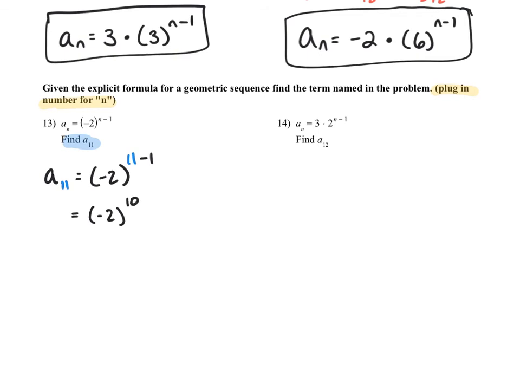Listen to the words that are coming out of my mouth. You have to keep this in parentheses when you use your calculator. I'm going to go on a tangent right here and show you why. In your calculator, if you go parentheses negative 2 squared, you get out a positive 4. If you go negative 2 squared without parentheses, you get out negative 4.